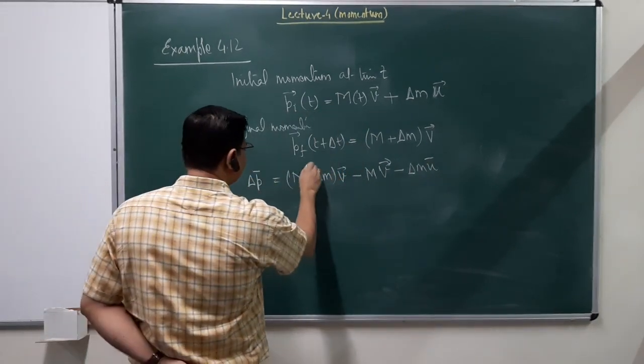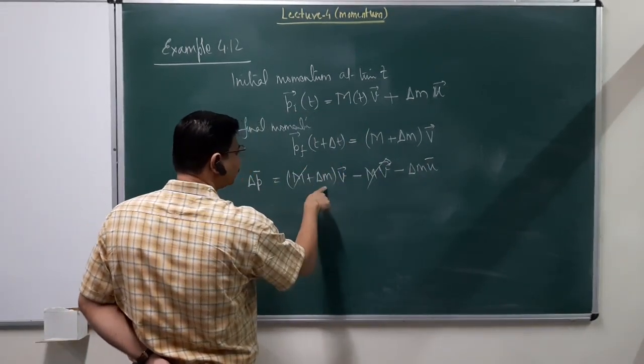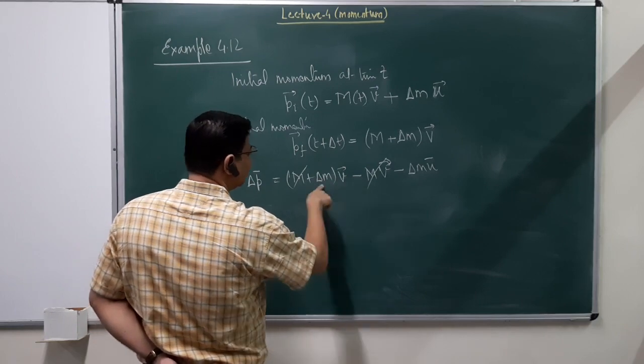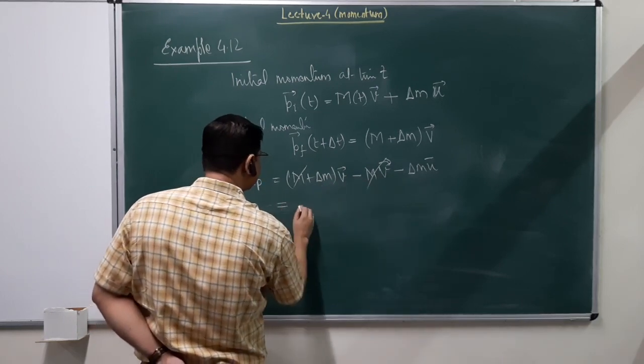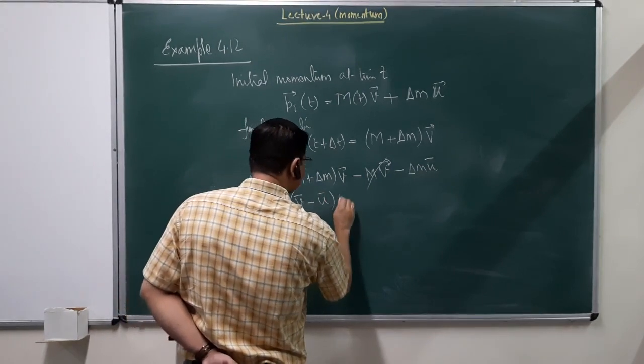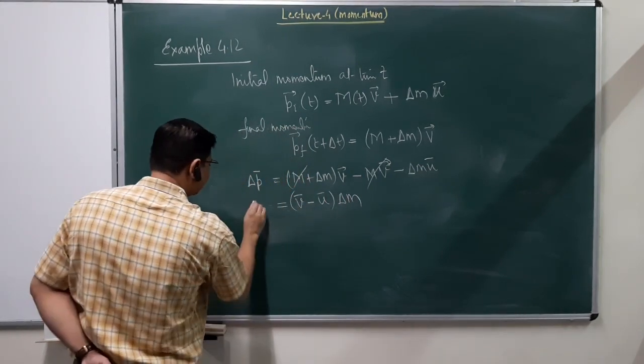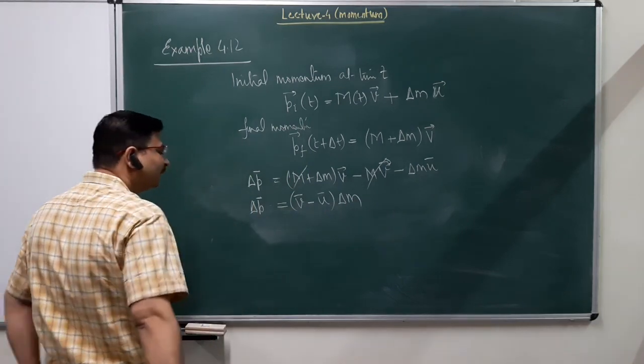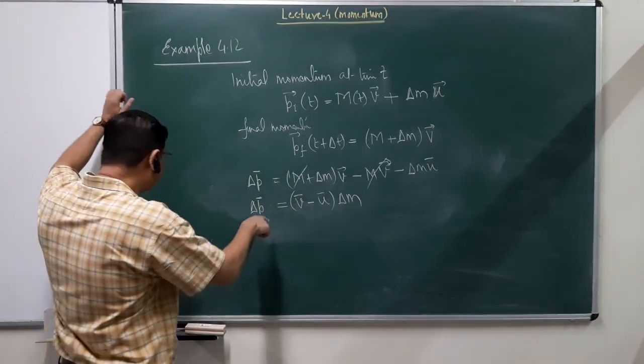So now this will cancel out. Delta m v, delta m v, this gives us (v minus u) delta m, right? So this is delta p, and we know this change in momentum is in time interval delta t.